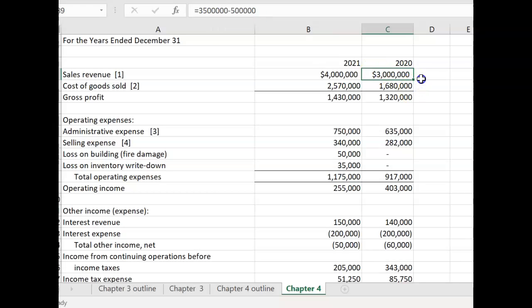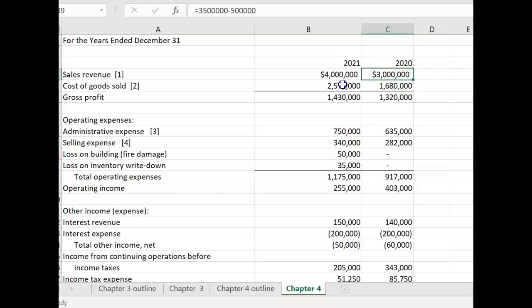So the sales revenue in the comparative statements for 2020 is $3 million. The component information will be reported in the discontinued operations section of the multi-step income statement.